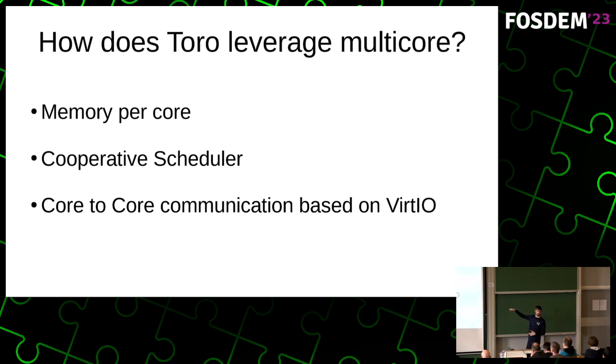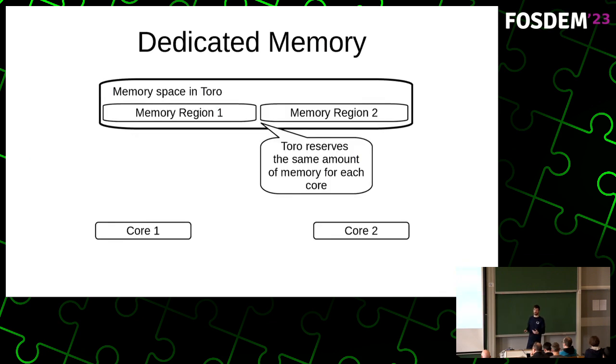And I'm going to explain these three points. First, in the Toro unikernel we have memory dedicated per core. At the beginning, we split the whole memory into regions, and we assign these regions per core. For the moment, the size of these regions is just proportional to the number of cores that we have.